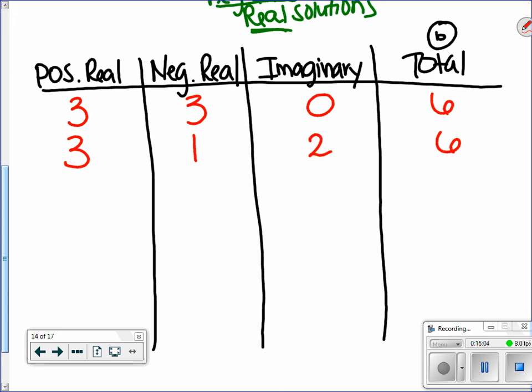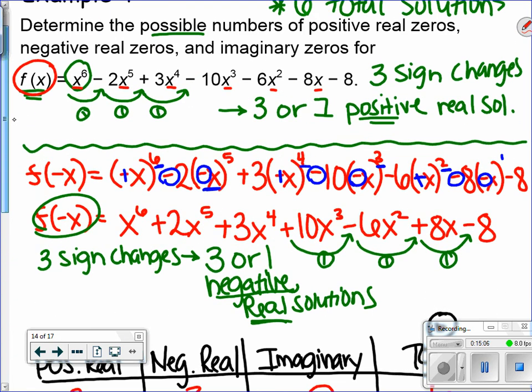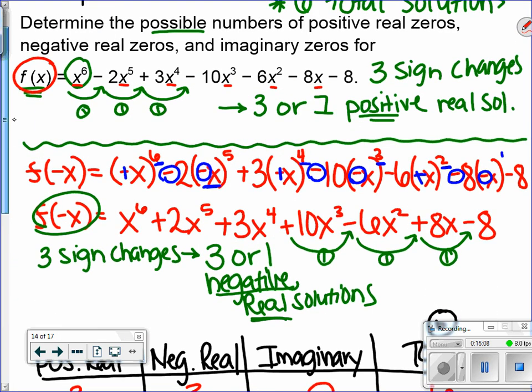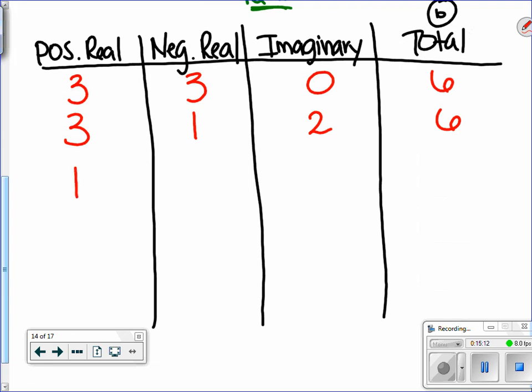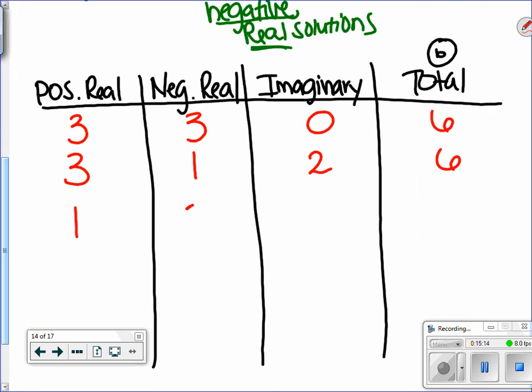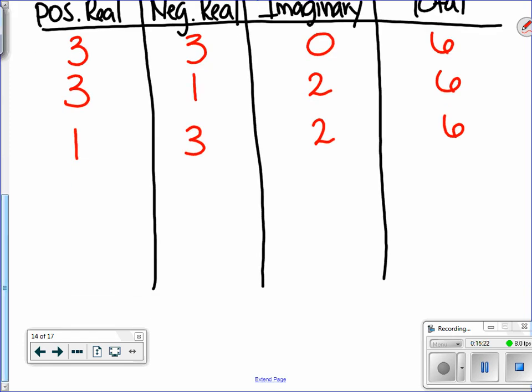Now we could also have 1 positive and 3 negatives, giving you 4, which to get to 6 means that you have to have 2 imaginary. And then you could have 1 positive and 1 negative, which only gives you 2 solutions. So to get to 6, that means that there would have to be 4 imaginary.